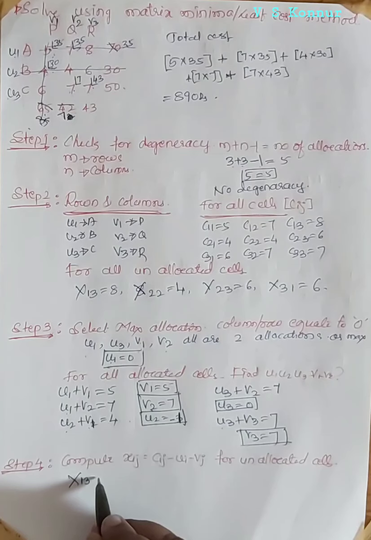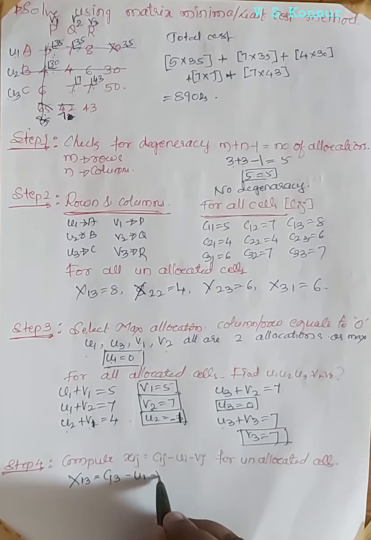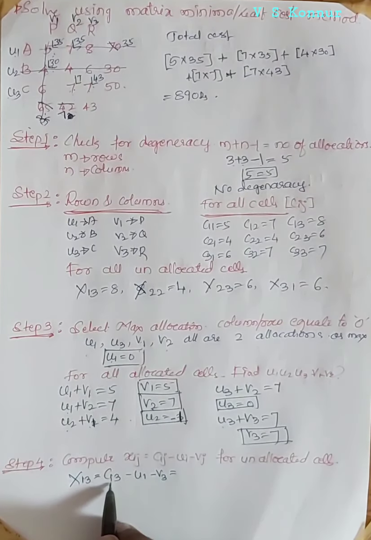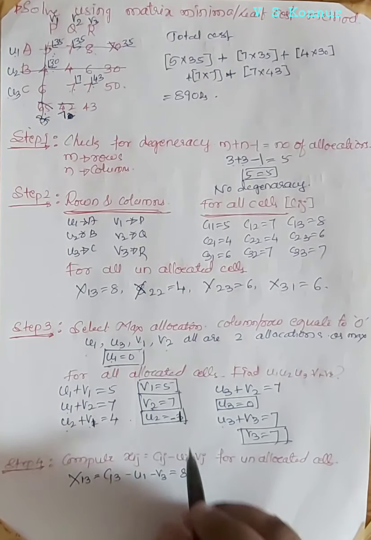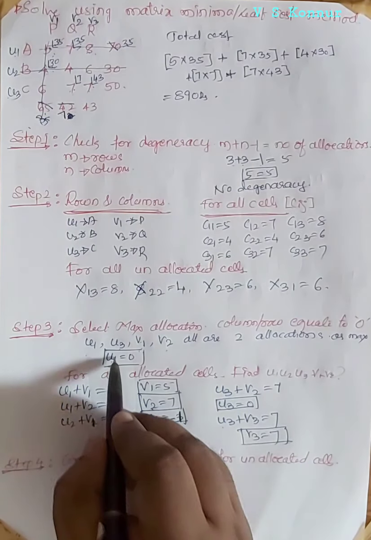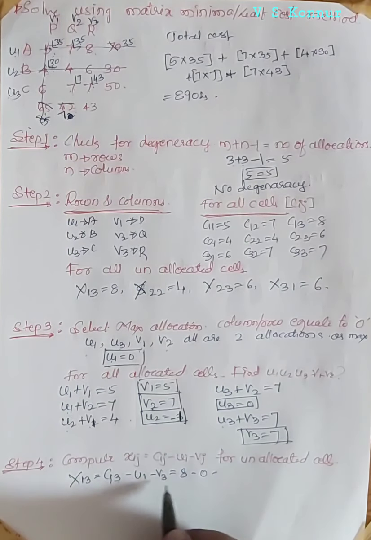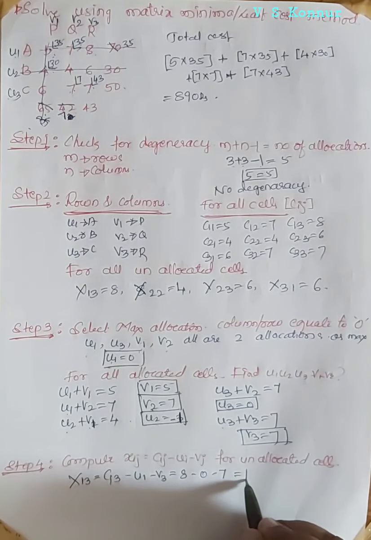X13 is equal to C13 minus U1 minus V3. C13 is nothing but 8, minus U1, which is 0, as we have considered U1 as 0, minus V3, which is 7. So 8 minus 7 is equal to 1.